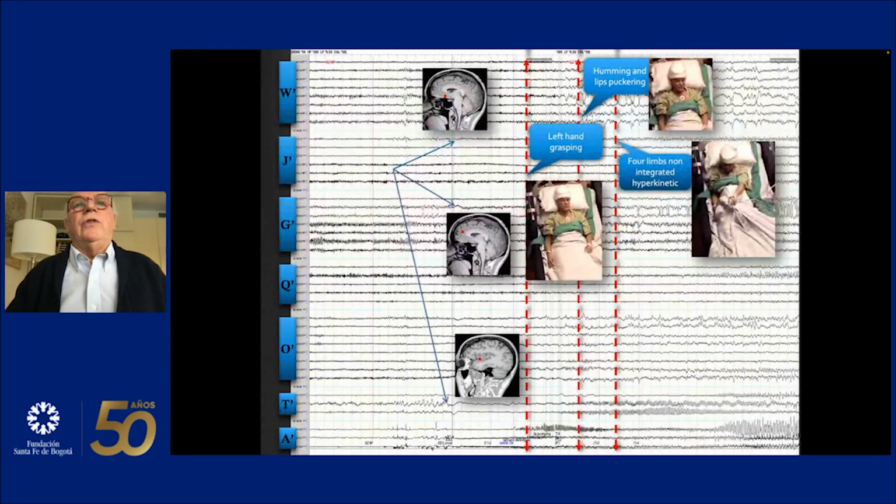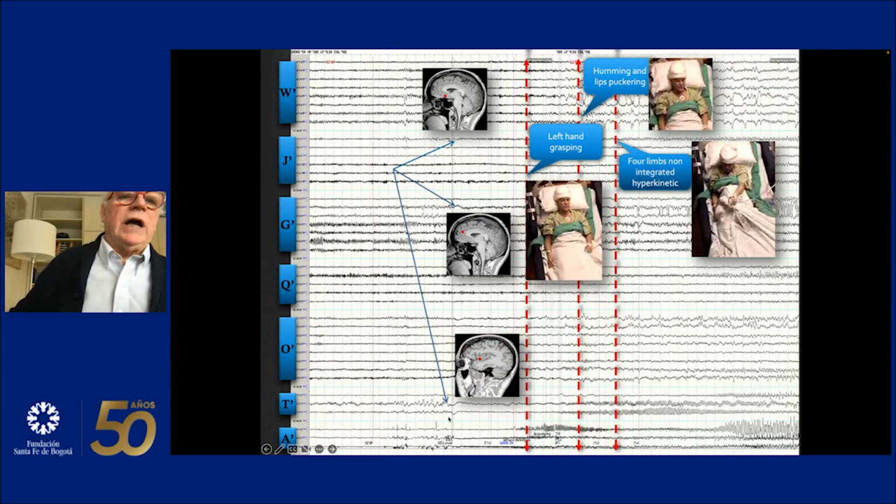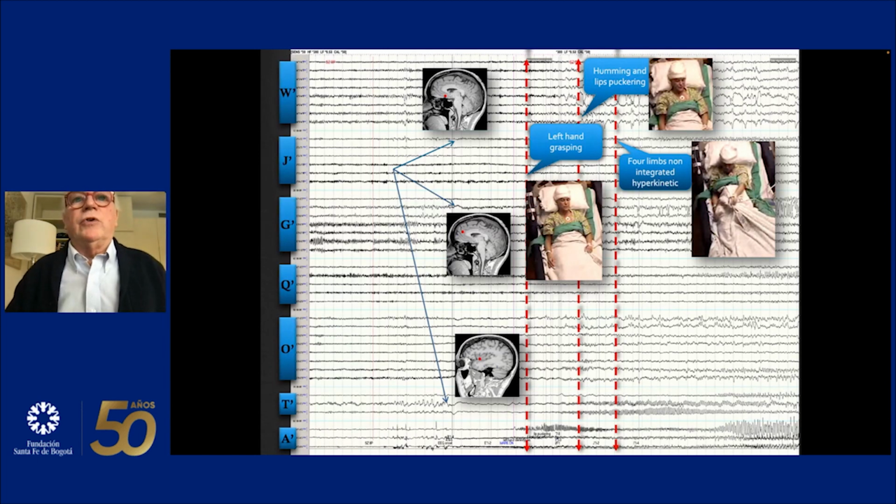And this is the first patient. When you see the onset is T prime and A prime in the bottom of the screen, when you see the arrow, and at the same time you have cingulate gyrus and the orbitofrontal cortex discharging, and the onset is there.